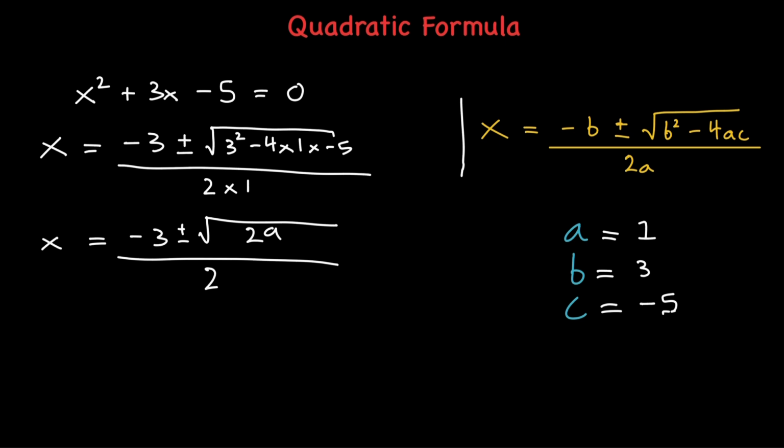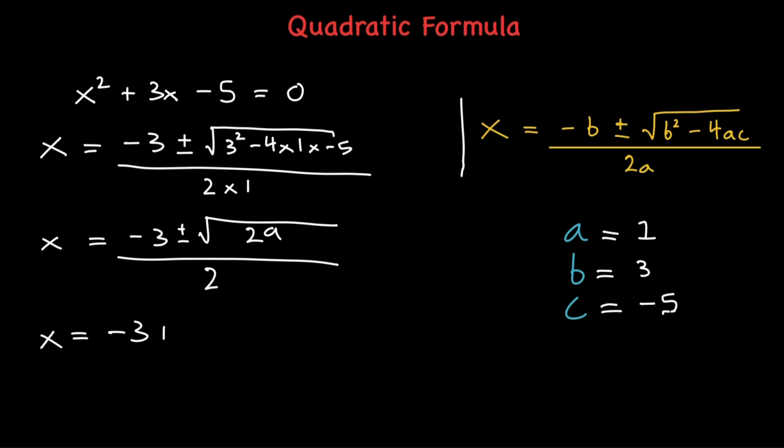And so from here, can we actually simplify it any further? Minus 3 is not divisible by 2, and the square root of 29 is the most simplified form. And so from that, we can now write our two solutions for x. So our first solution, x equals minus 3, and then choose either the plus or the minus variant.